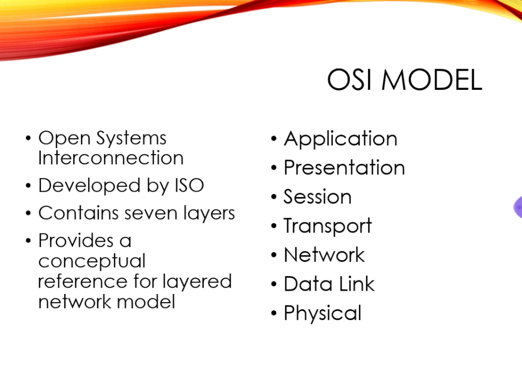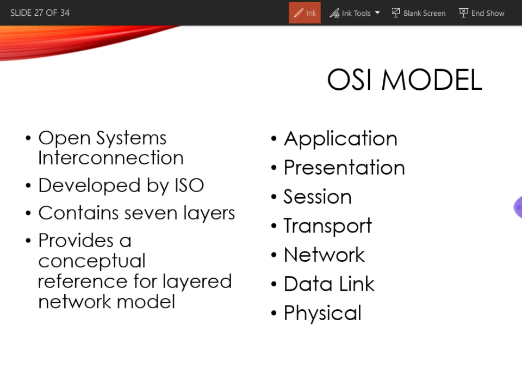So the OSI model has 7 layers. This is a conceptual reference for the layered network model. On the other hand, the TCP IP model that we looked at earlier is more of an implementation specific guideline for protocols.